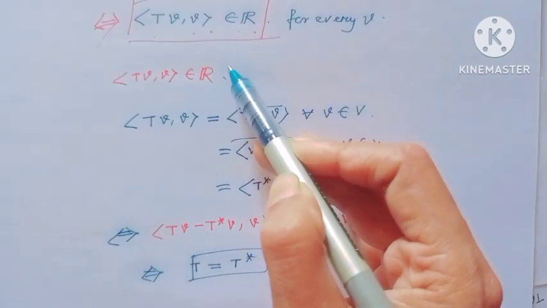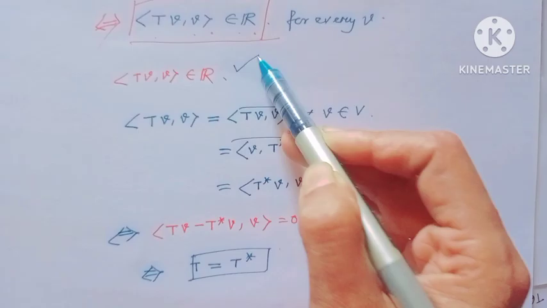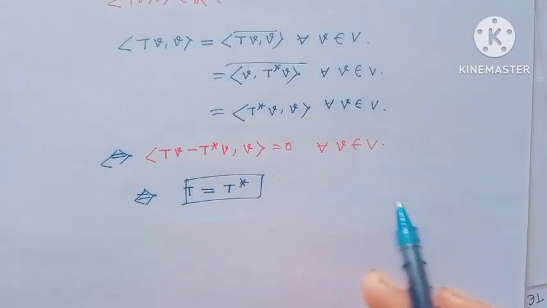That means when the inner product of Tv with v belongs to the reals, then the operator T is a self-adjoint operator.